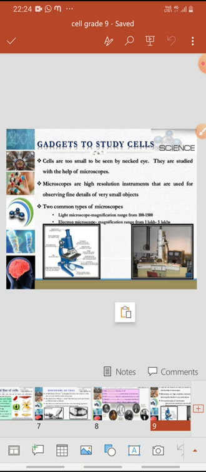There are two common types of microscopes. One is the light microscope, which has a magnification from 100 to 1500. The other is the electron microscope, which has a magnification range from 1 lakh to 5 lakhs. Is it clear, students? Shall we move to the next one?